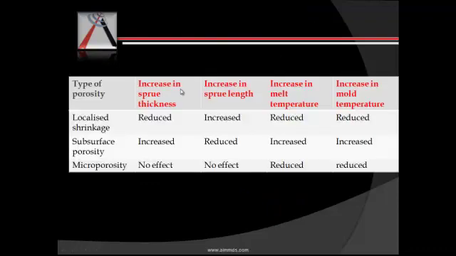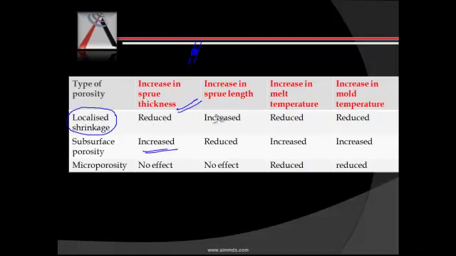Now, this particular chart will help us to understand the effect of certain technical considerations on the porosities. If we increase the sprue thickness, it will reduce the localized shrinkage porosities, because of course it will prevent the sprue from solidifying, but it will increase the subsurface porosity.